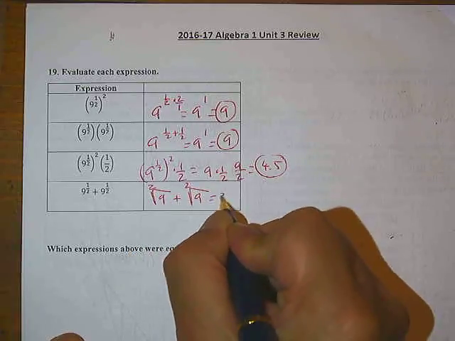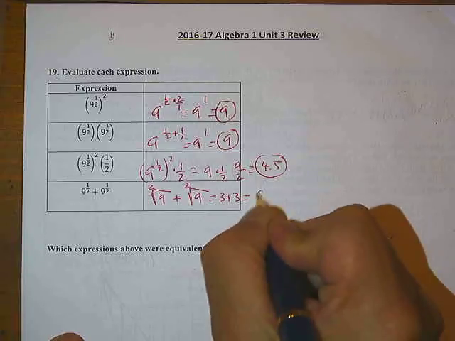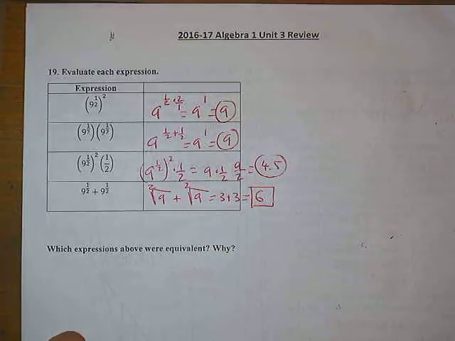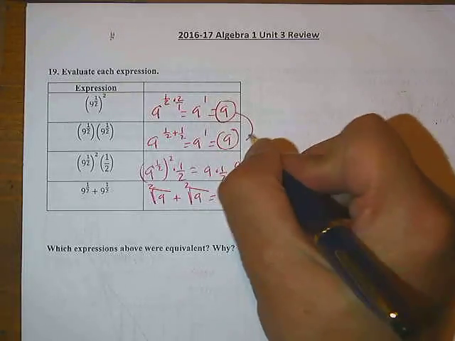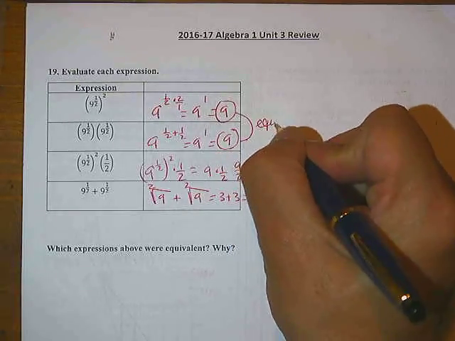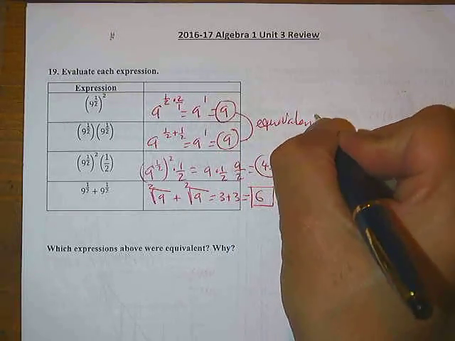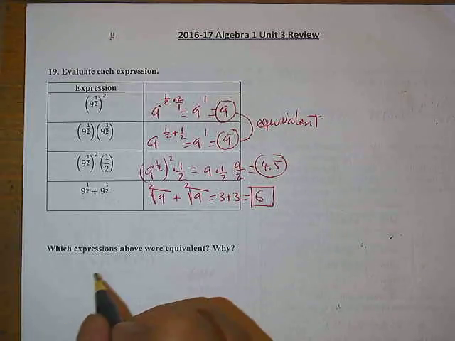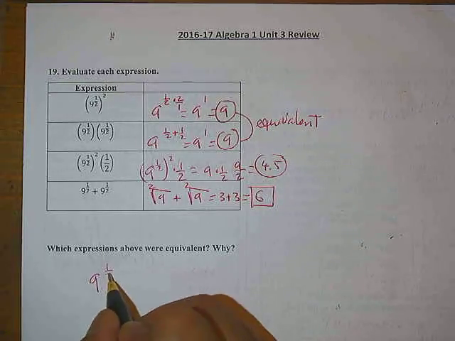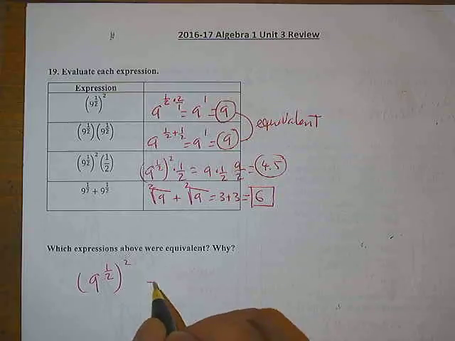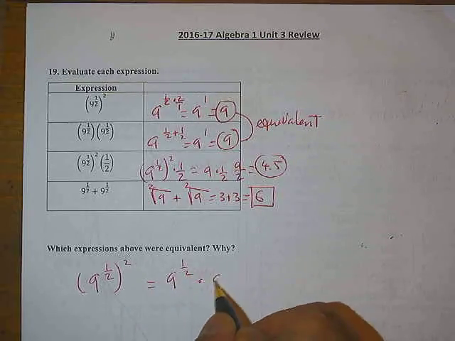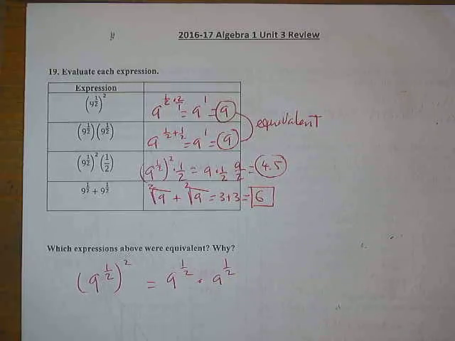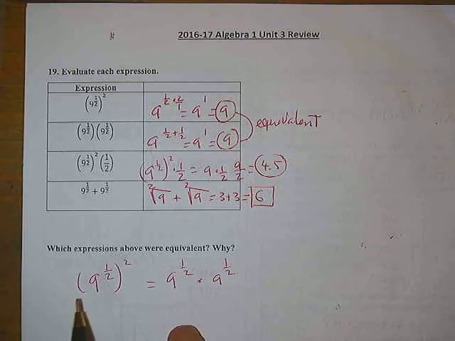So it's 9 to the 1/2 plus 1/2, which is 9 to the 1, or 9. Wait, I think it's all 9? That's interesting. And then with this one, it's 9 to the 1/2 to the 2 times 1/2. Now, we did this one already, so that's just going to be 9. And 9 times 1/2 is 9 over 2, or 4.5.